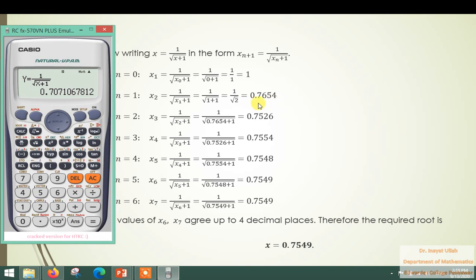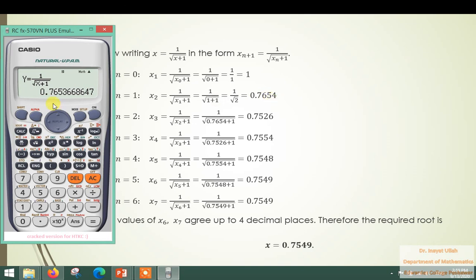That value goes a bit different. Correct it. Okay, correct this value. Now again press the equal sign and press Ans. You will get 0.76536. We are going to calculate the answer up to 4 decimal places.